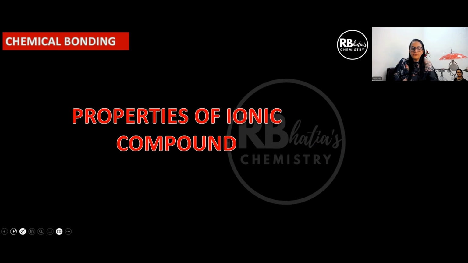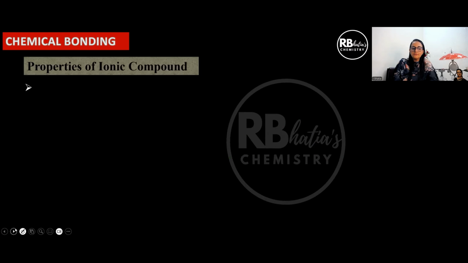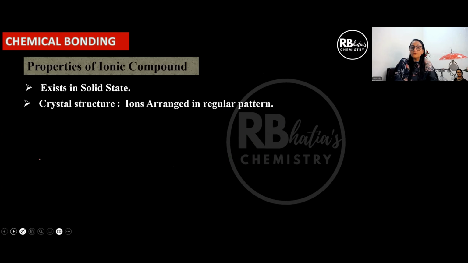What are the properties of ionic compounds? They exist in solid state. Why? Because ionic bonds are the strongest bonds, electrostatic attractions. That is why they have high melting point and hence exist in solid state. Crystal structure, ions arranged in a regular pattern.